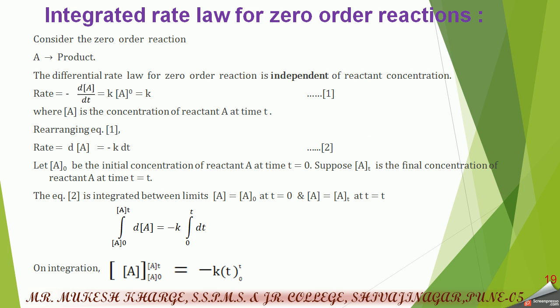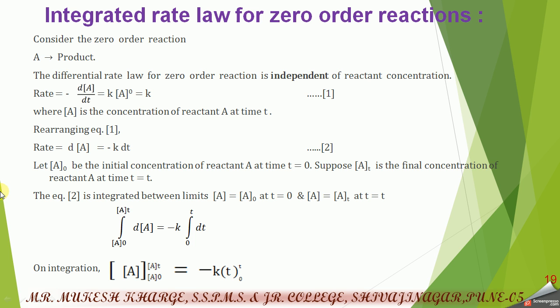So our above equation number 2 can be integrated within the limits A is equal to A0 at time t is equal to 0, which is the lower limit, and A is equal to At at time t is equal to t, which is the upper limit. So integration of dA from A0 to At is equal to minus k, which is constant, times integration of dt from 0 to t. Integration of dx is nothing but x, and integration of dt is nothing but t.